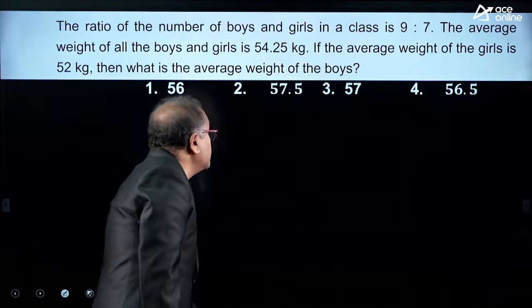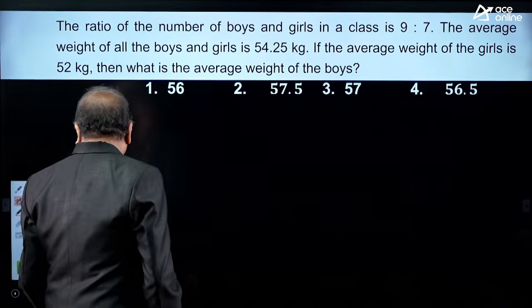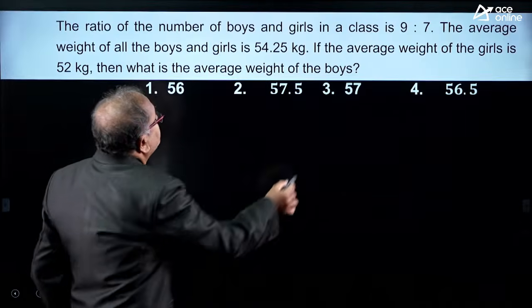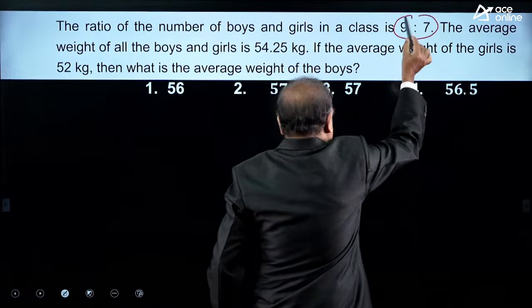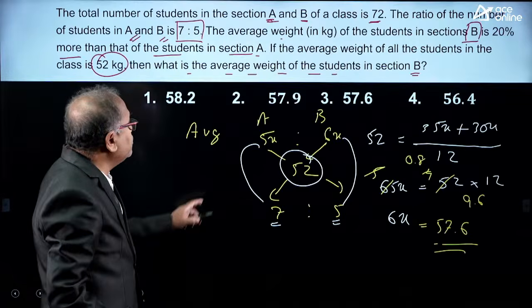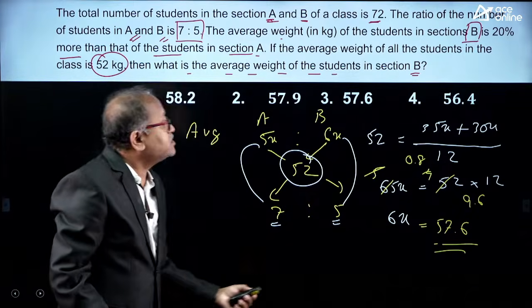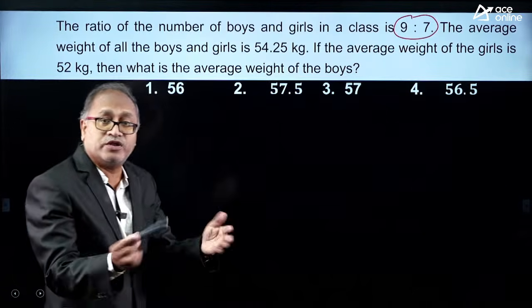Look at this question. Here, I did not give the number. I directly mentioned the boys and girls ratio. As in the previous question, I did not use the number, I only used the ratio here. The same way, here a number is not there.